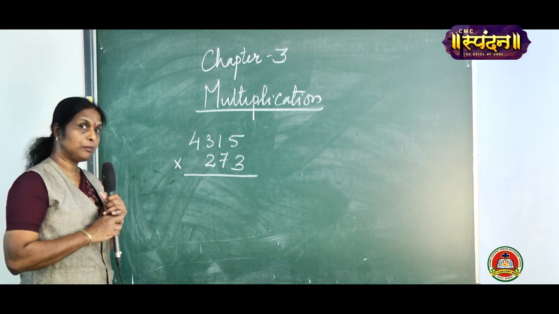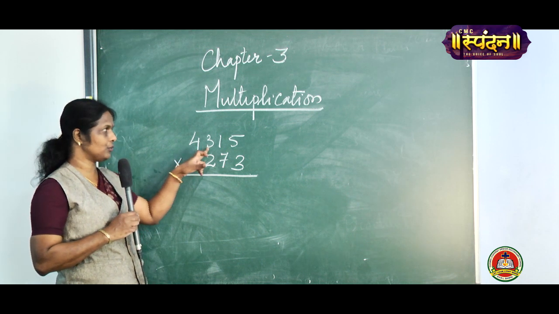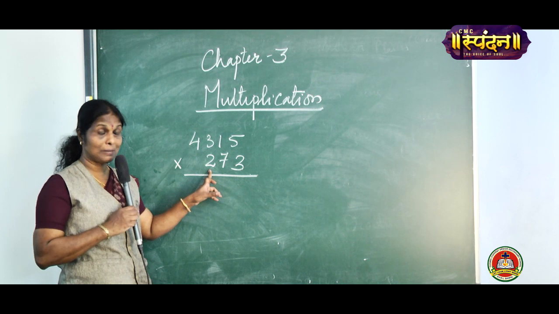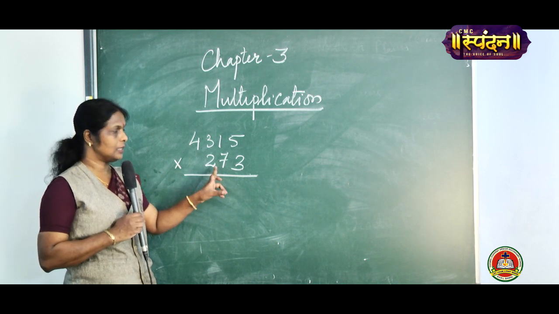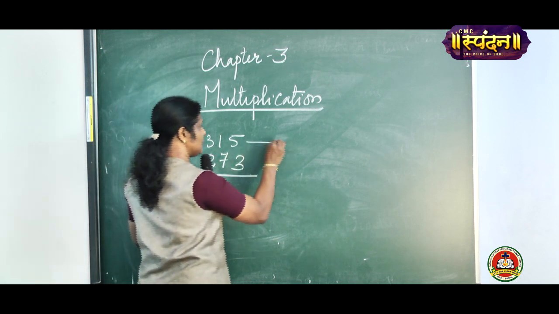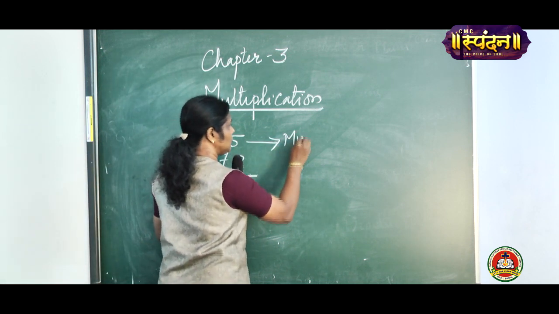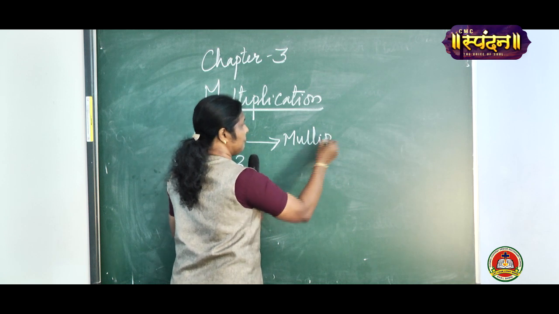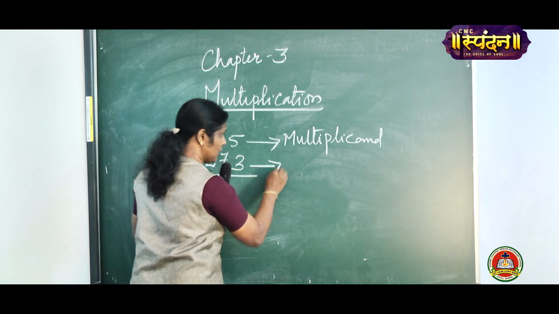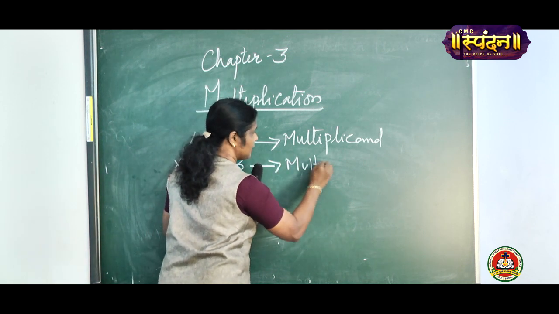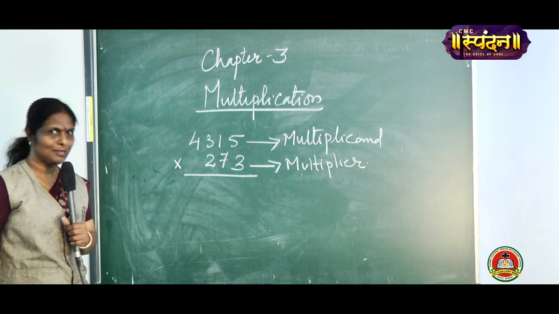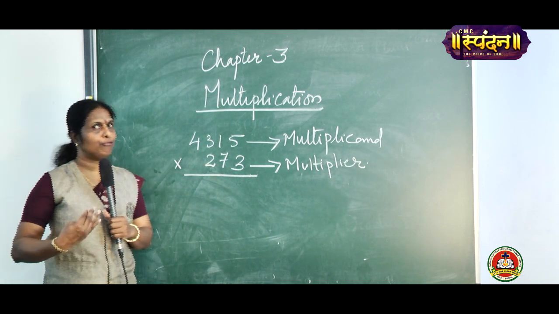So the number which I am multiplying, that is 4,315, is called the multiplicand, and the number by which I am multiplying, that is 273, is called the multiplier. Now this multiplication I am going to do in 4 steps.